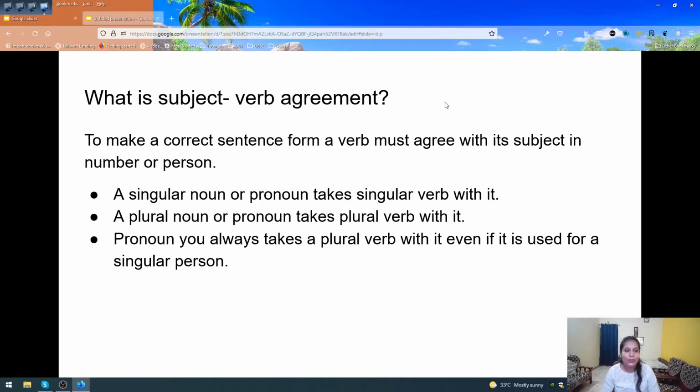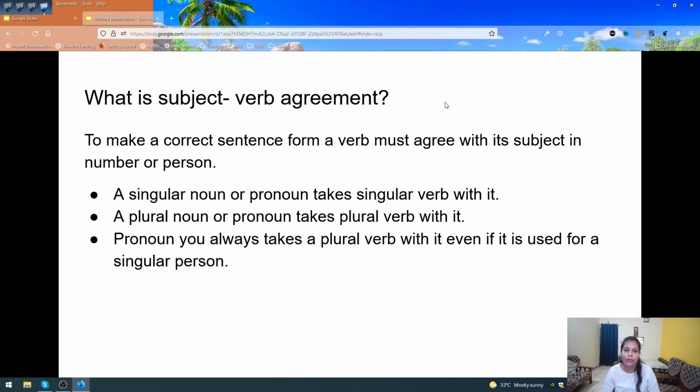Subject is the person, place, animal or thing about which we are talking in the sentence. For example, if I say Neha is a good girl, in this sentence Neha is the subject. And what about verbs? Verbs are doing words, isn't it?